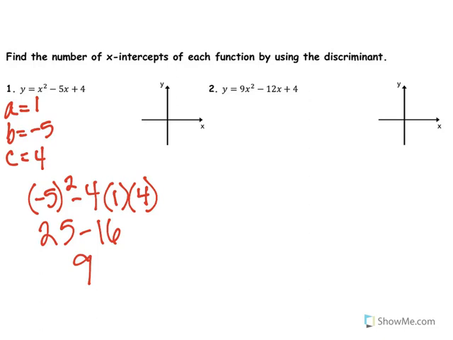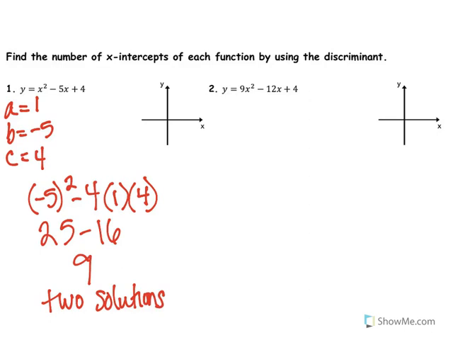What's my answer? 9, yeah. And it's a positive number, correct? So how many x-intercepts does a positive number have? 2 solutions. So that means that it's going to end up hitting twice.